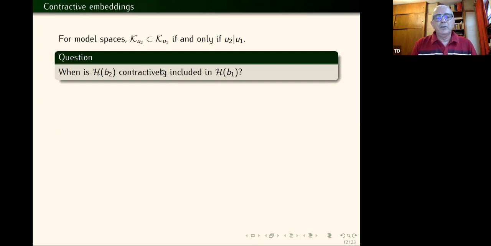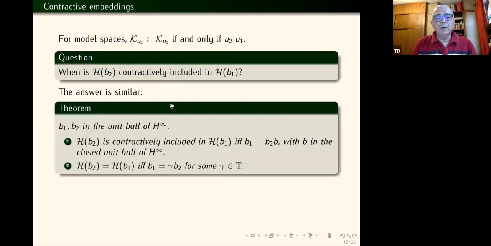And the first question that I state here is this one, because it has a very similar answer. H(B2) is contractively included in H(B1) if and only if we have a factorization. So you can say that B2 divides B1, with B in the closed unit ball.